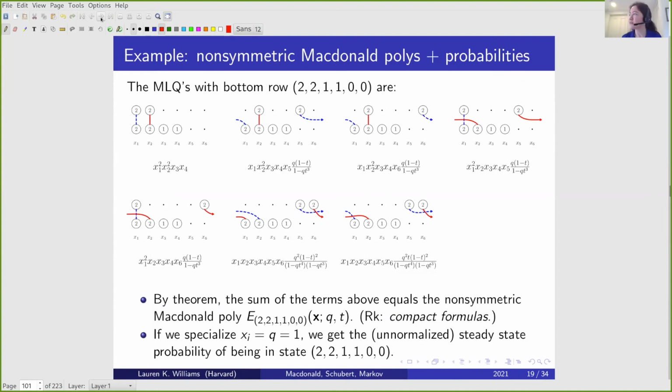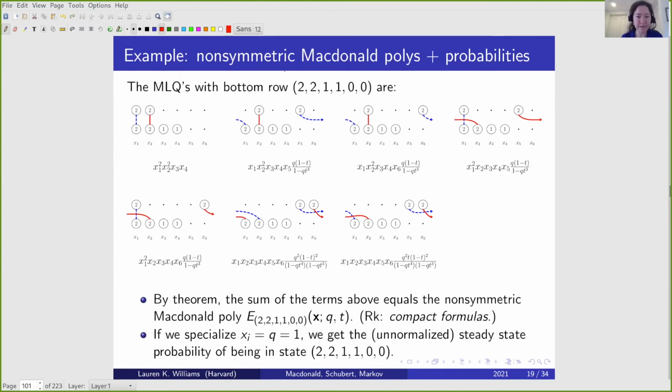So, yes, Martin had written a paper that inspired ours that used multi-line Qs to understand steady state probabilities. So that's why I said it's a new proof of his result. He got to a very similar result using a different proof. So the result we have is new for Macdonald and is a new proof of Martin's result on steady state probabilities.